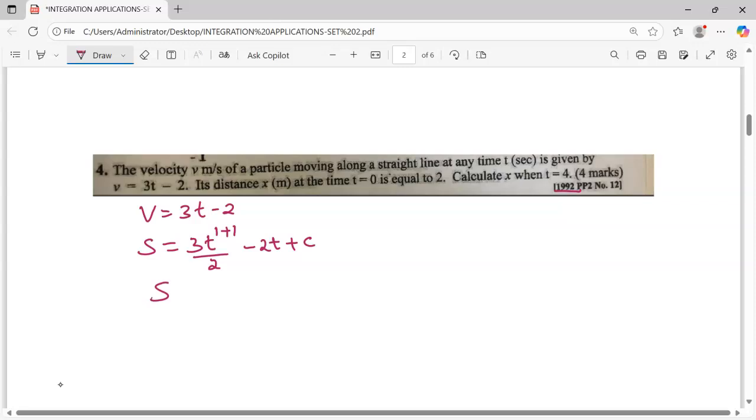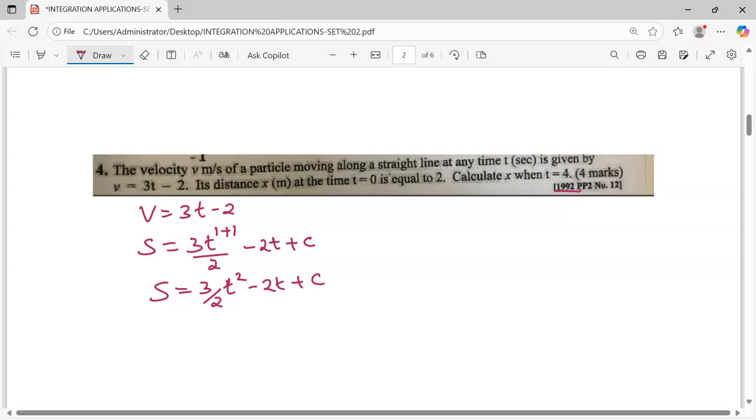At this point, s will be equal to 3 over 2 t squared minus 2t plus, of course, c.